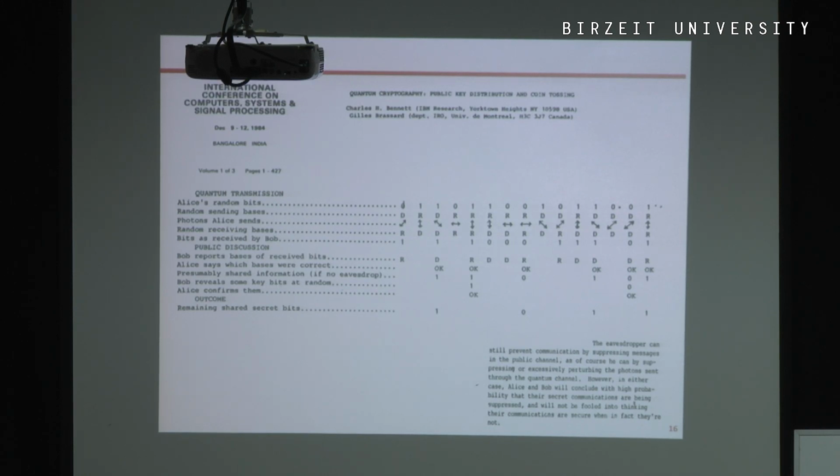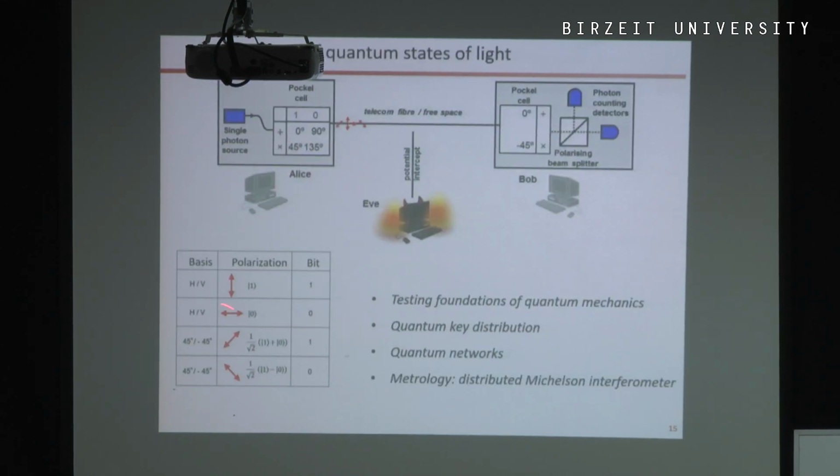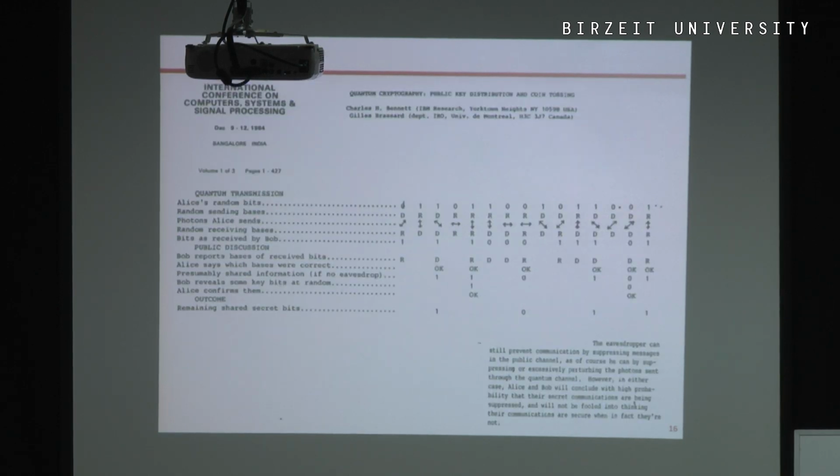She decides on her zeros and ones, and she says, for example, that my bit 1 can be either vertical polarization in the horizontal-vertical basis, so really electric field vertical or horizontal, but it could also be diagonal if she codes in the diagonal-antidiagonal basis. We are really talking about the direction of the electric field, nothing more than that. So that's what she does.